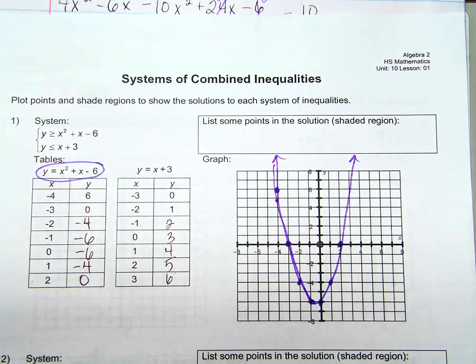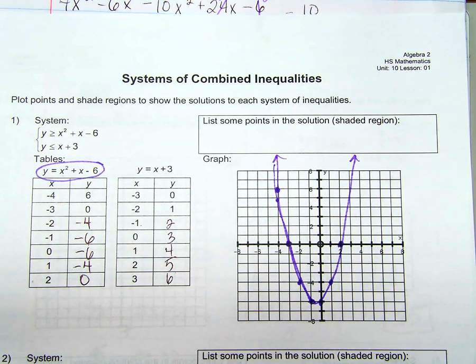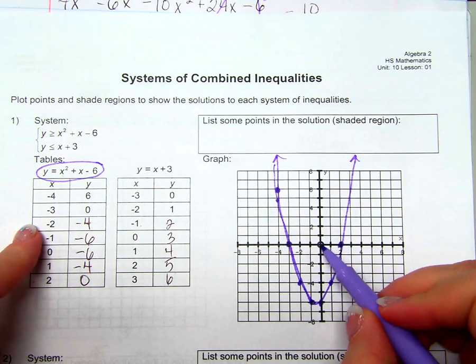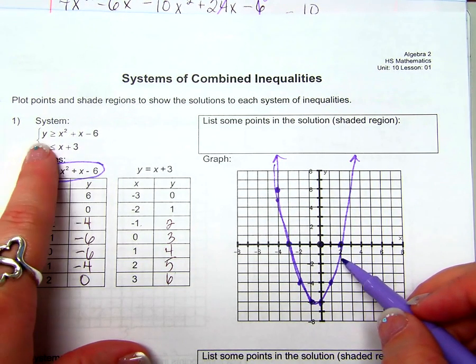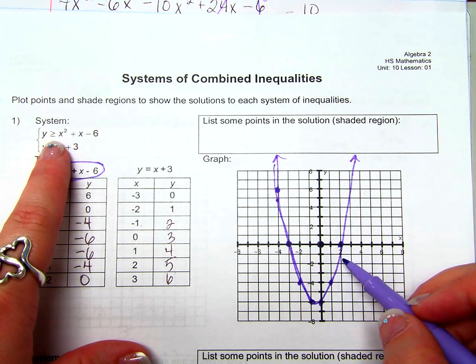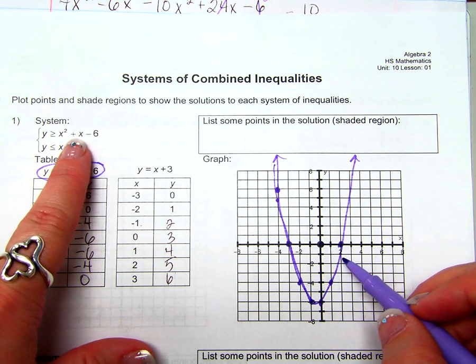Okay? Now, if I was shading, I'm not going to, not quite, but if I was shading, would I shade inside the parabola or outside of the parabola? How do you know I would shade inside? Because you chose a point 0, 0, and you plugged it into the equation. 0 is greater than or equal to, let's see, 0 plus 0, 0 minus 6.